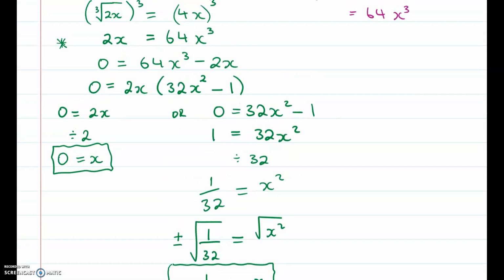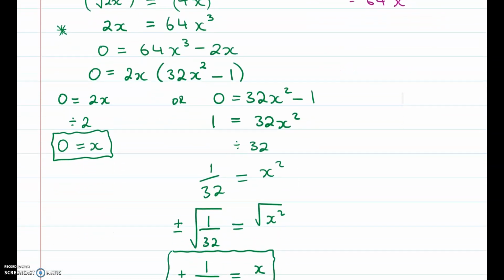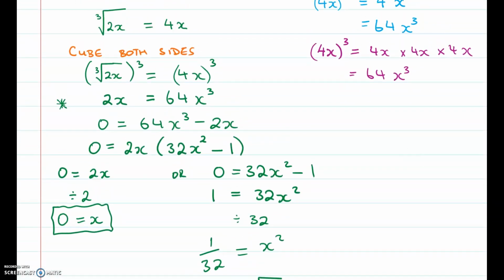Now with square root equations, remember, you have to check all your answers. But with cube root equations, we don't need to do that. And the reason is, the checking only comes into play if we raise both sides, see this line here, we cube both sides, we raise both sides to an odd power.